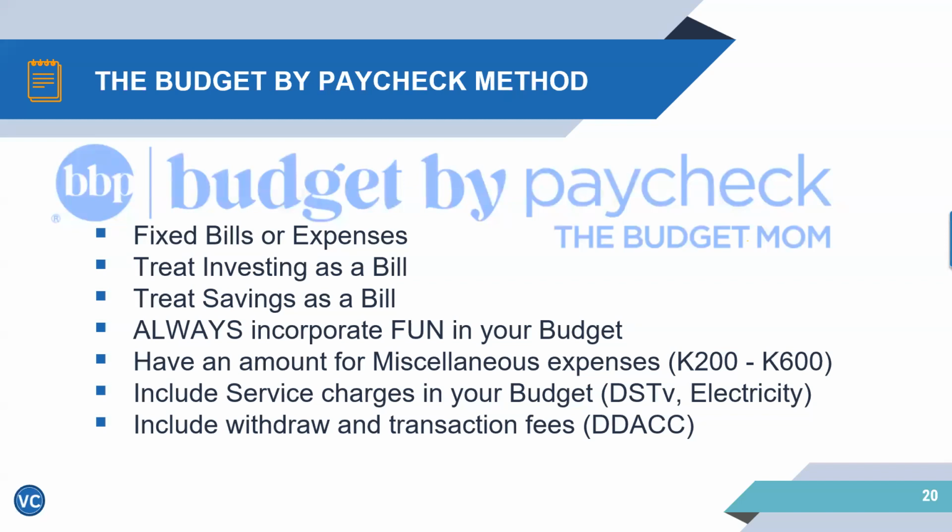Now, this is where you're going to consolidate all the transactions that came in and out and say, oh, for DSTV, we said it was 1,000, but DSTV increased the price again for the 17th time, and it was 1,400. You write it against the 1,000. For fuel, I said 4,000. But I ended up spending 7,000 because we had to travel for that funeral in that place, and then there was a wedding. You consolidate everything.